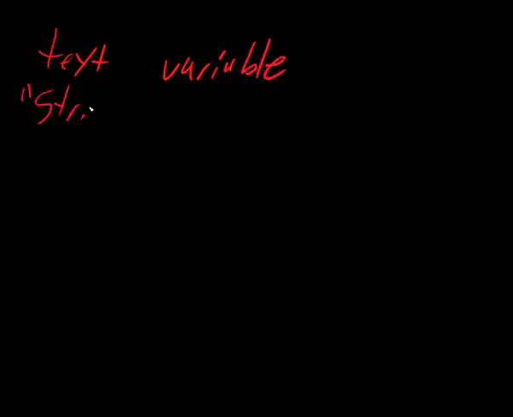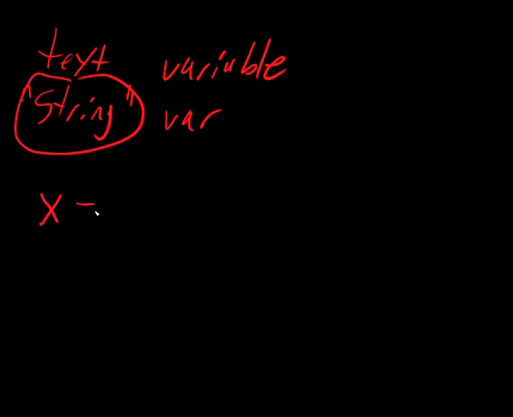Now, what a text variable. This is most commonly known as a string variable, because that's just how it works. So what a string variable is is x can be equal to, well, let's use a different color actually, because this is getting boring. X can be equal to hello.